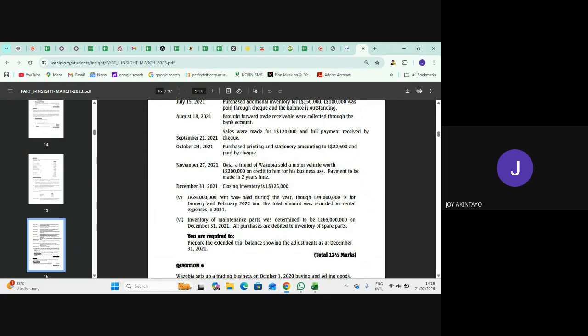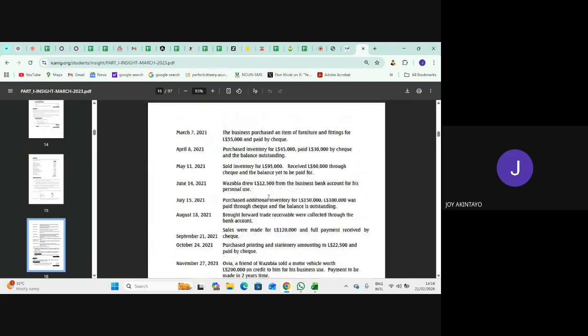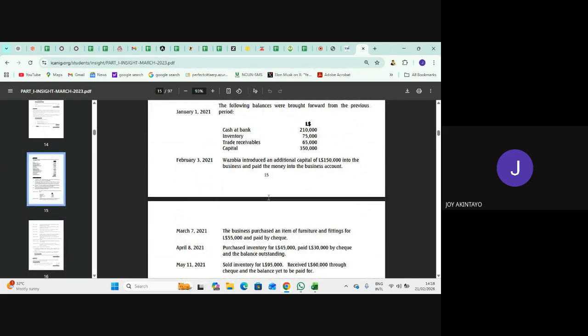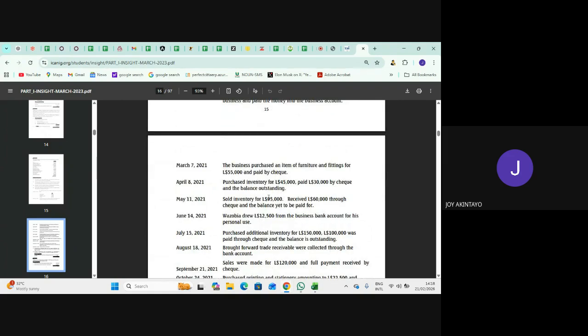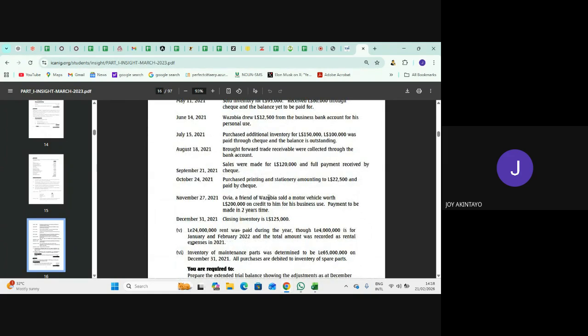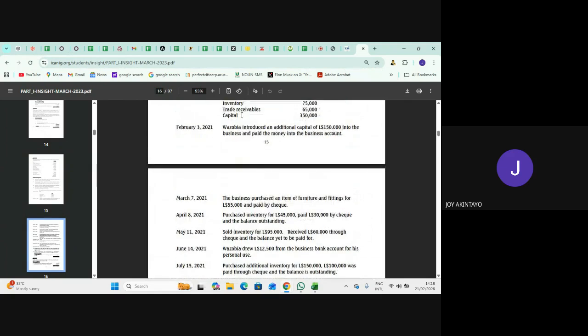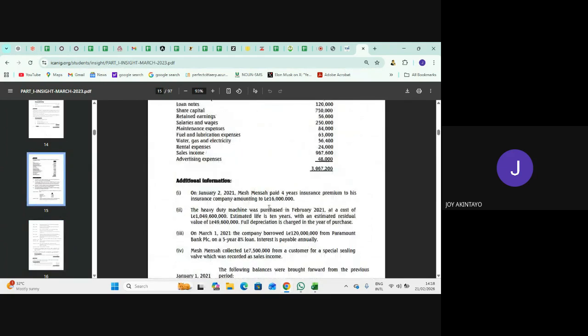Then, in order to determine our cash balance, because we are being given cash at bank, we have cash at hand. Notwithstanding, let's see how it goes. So let's quickly run through before then.